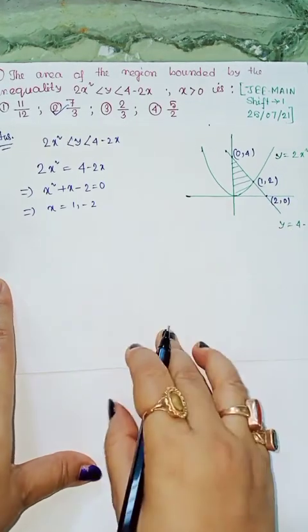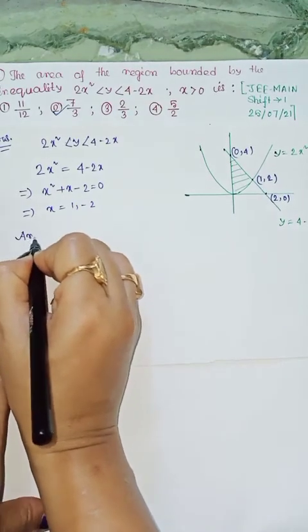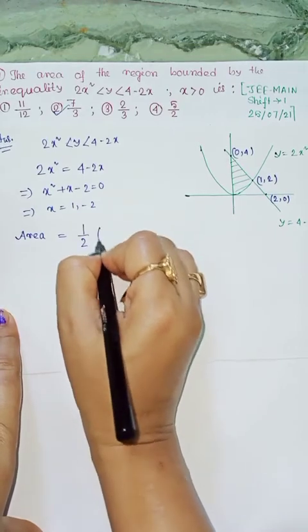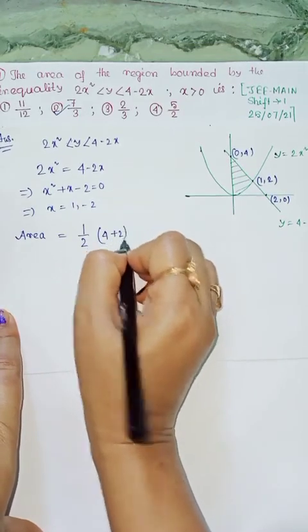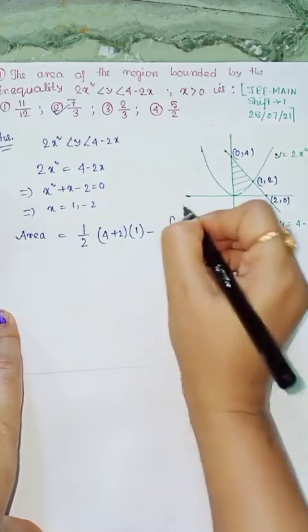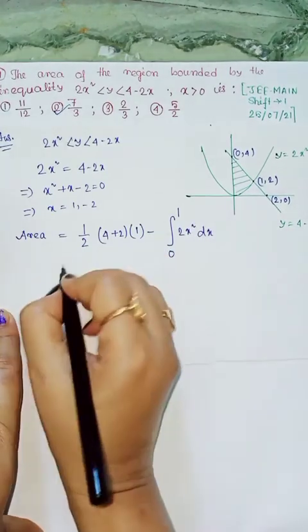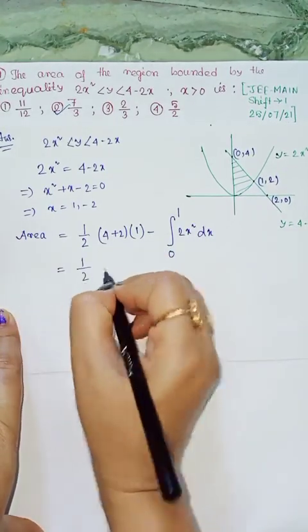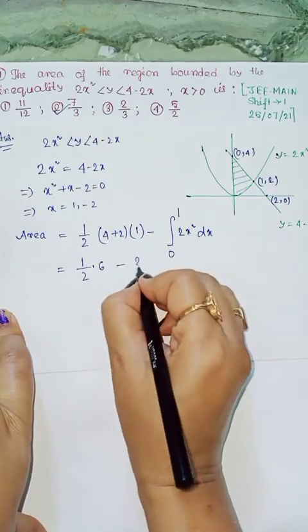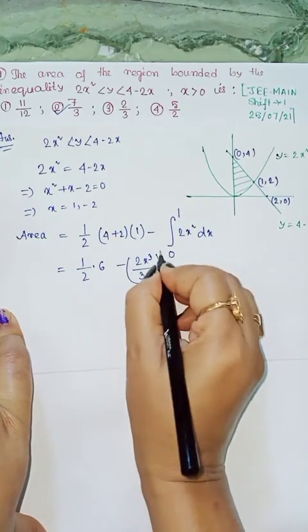So now the area bounded by the curve, we may write as half into 4 plus 2 into 1 minus integration 0 to 1 of 2x square dx. So that is equal to half of 6 minus 2x cube by 3 between the limits 0 to 1.